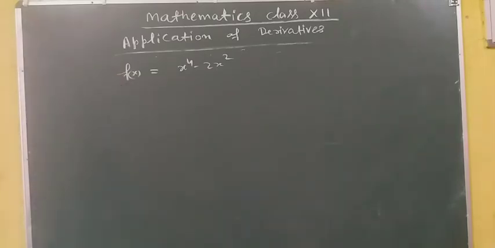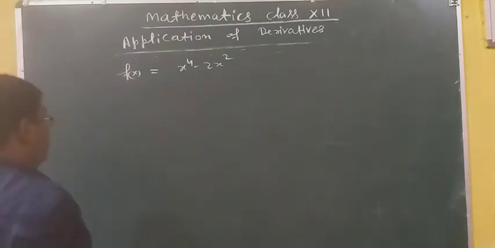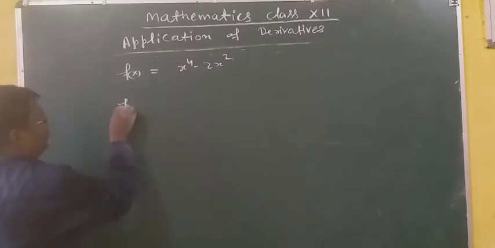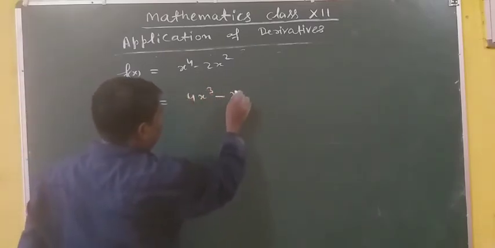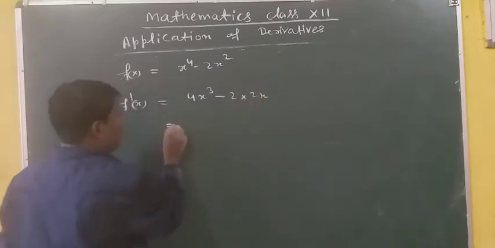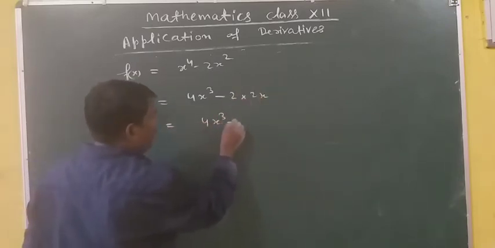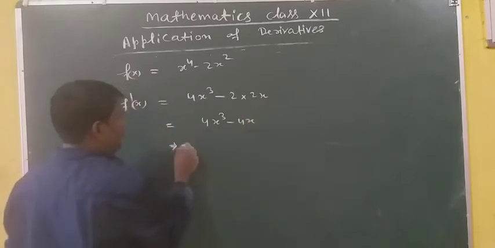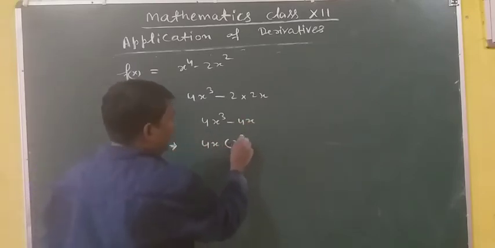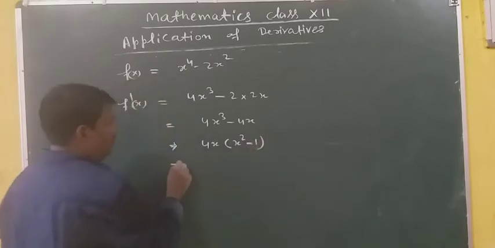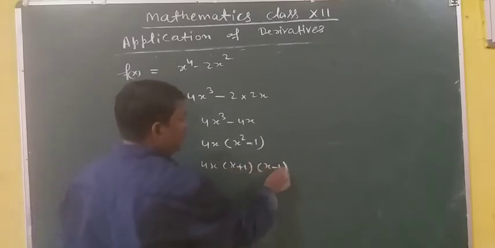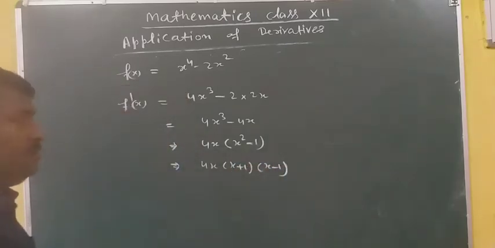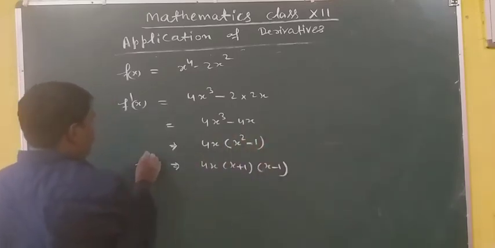You have to find the interval. So first of all, find f dash x, which is 4x cube minus 2 into 2x. This implies 4x cube minus 4x. Taking 4x common, 4x into x square minus 1, so 4x into x plus 1 into x minus 1. This is your f dash x.